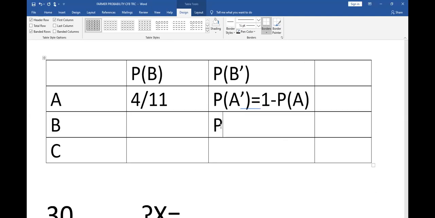So the probability of machine B not breaking, which is that column B, is again going to be 1 minus the probability of B breaking. So B not breaking is written like that.